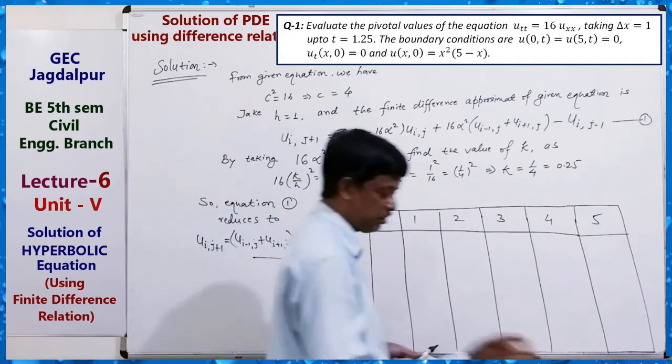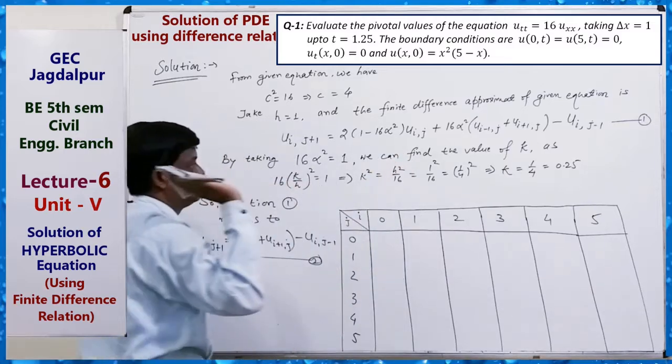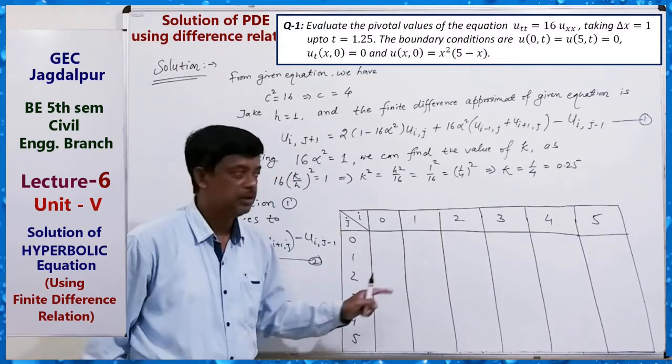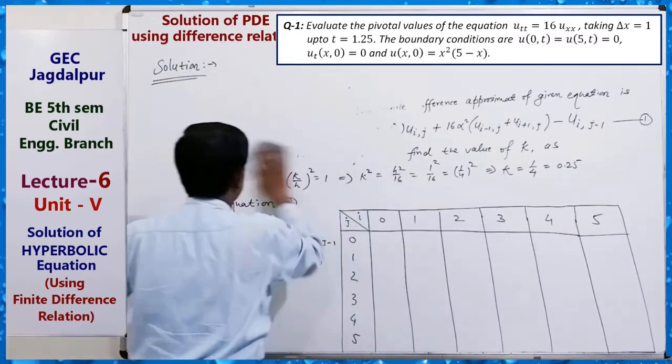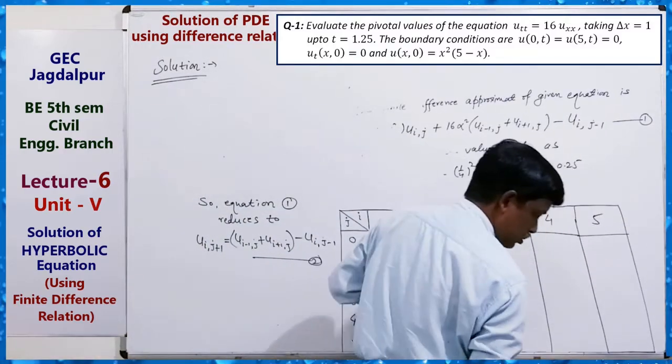Now one by one, we take the boundary condition. Okay, this is complete. Now we have to complete this table. So now we see that our main formula is equation 2.